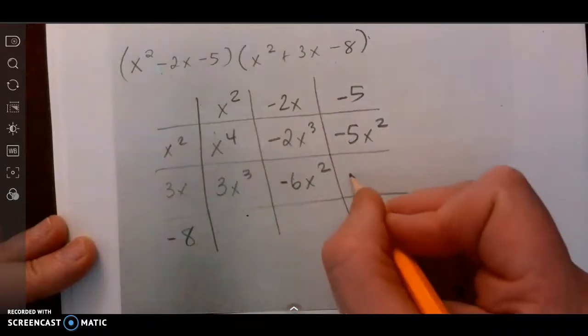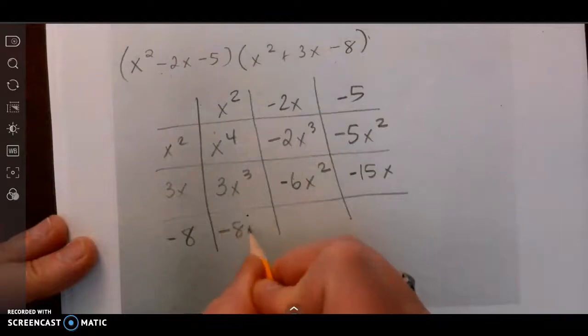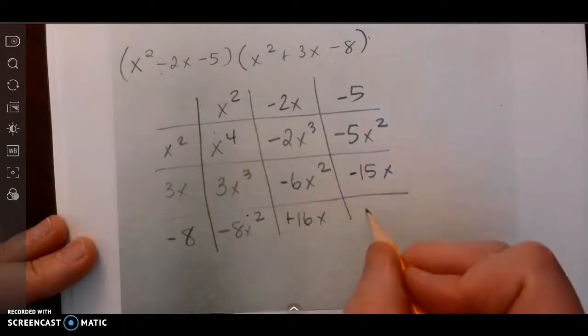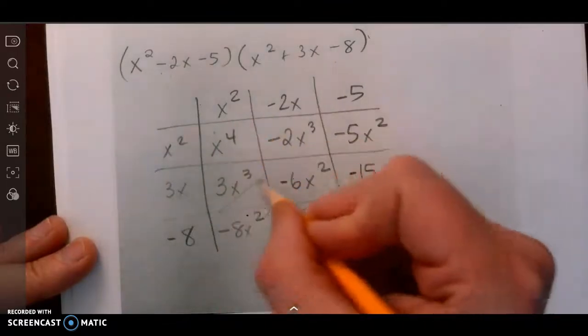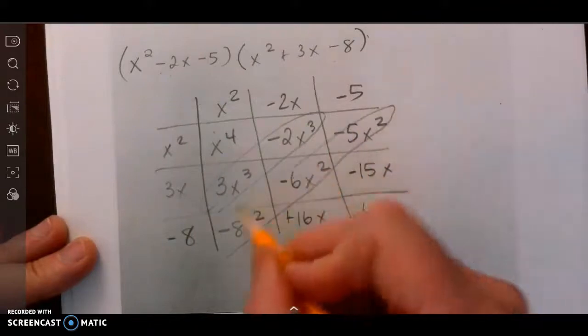And the nice thing about the table is all the like terms end up on the diagonal. These are on the diagonal. Diagonal.